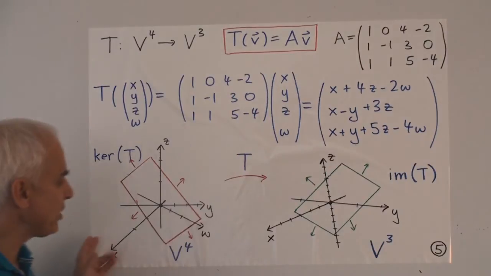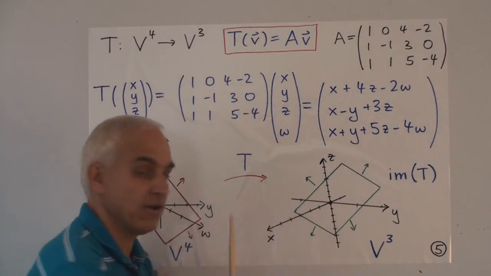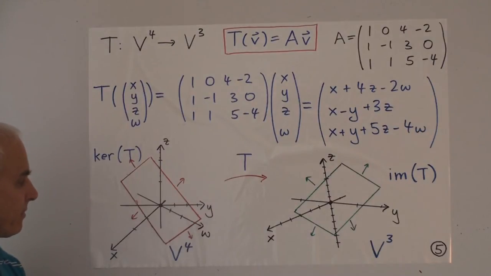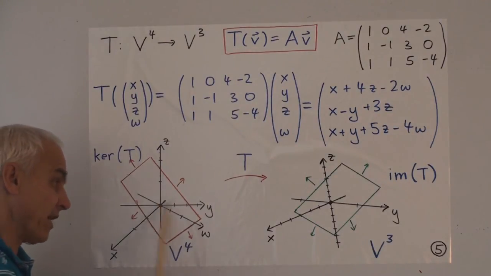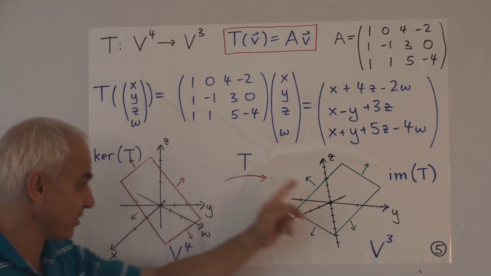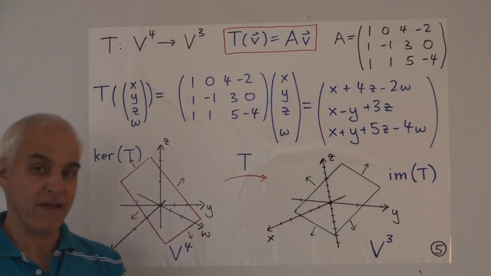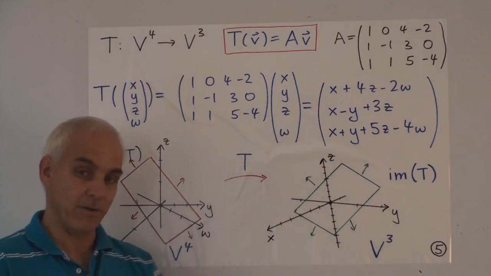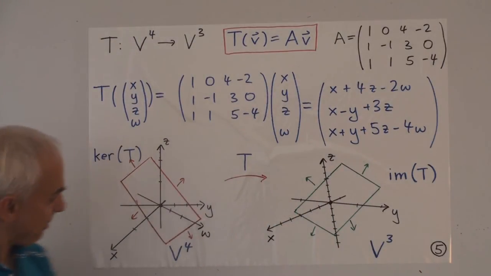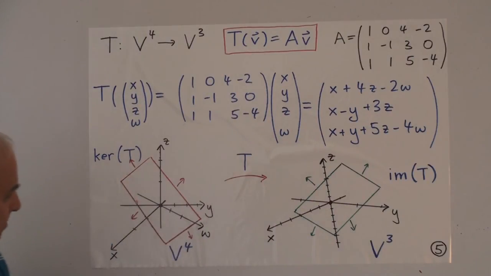So which of the vectors in the initial space gets sent to the 0 vector? Certainly the 0 vector always gets sent to the 0 vector, because a linear transformation always sends 0 to 0. But there very well might be other vectors that get sent to 0. And I'm going to represent that space of vectors that get sent to 0 by this plane here.